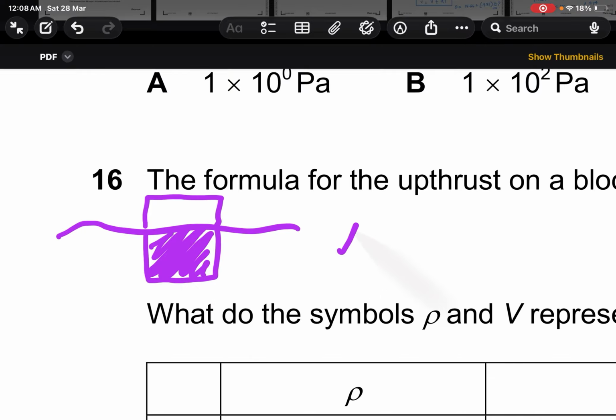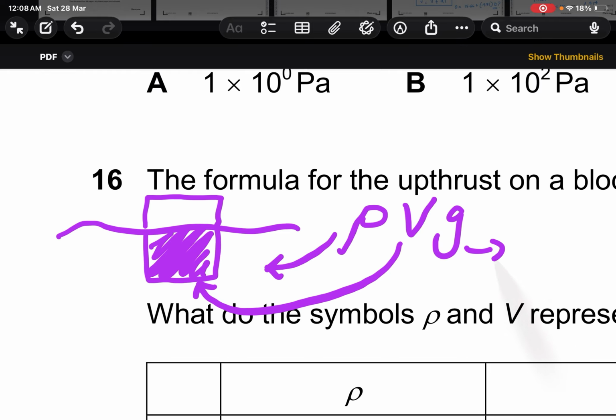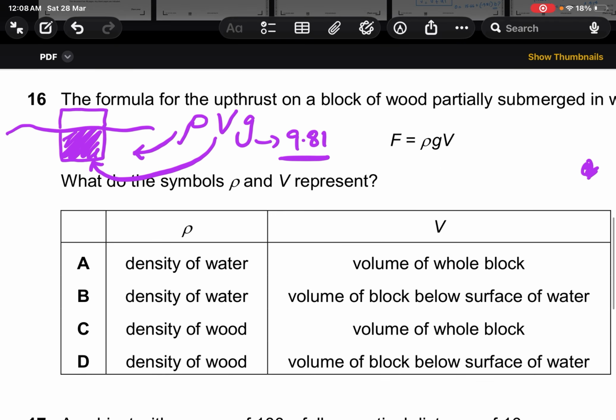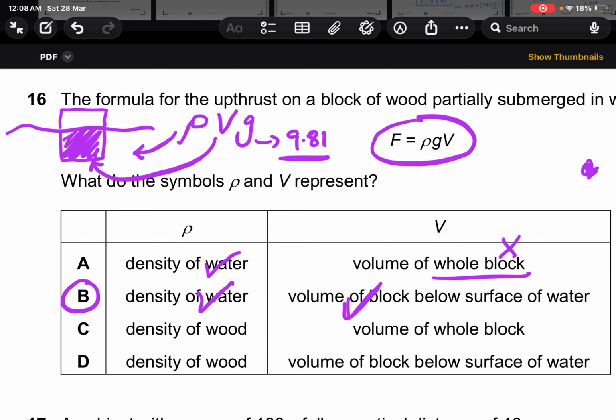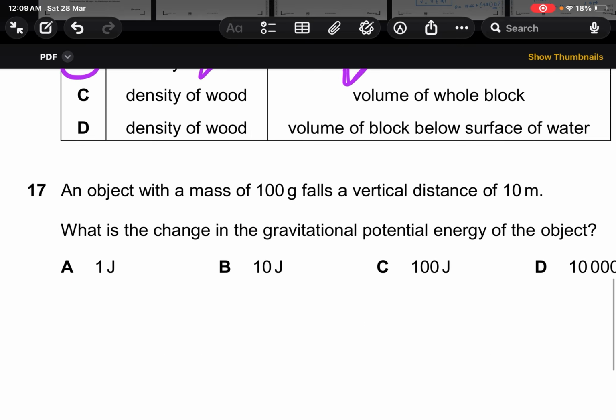So rho tells you the density of water, V tells you the volume of the block that is submerged, and g tells you the gravitational field strength, which is 9.81. So rho is your density of water. V is the volume of the whole block? No, the volume of the block below the surface that's submerged. So that's the formula for upthrust. You should learn what each thing represents in the formula.